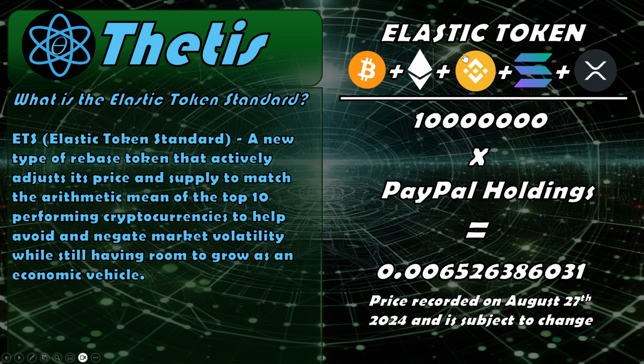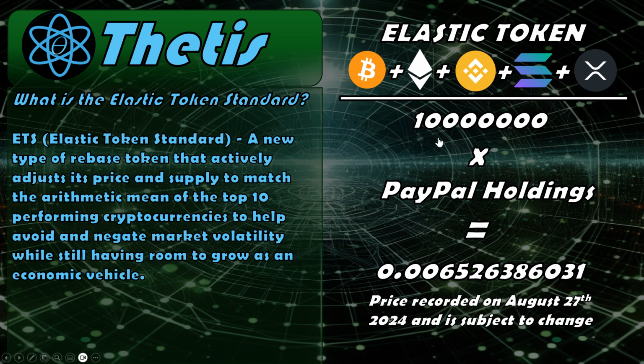Okay, so the elastic token here, basically what this is saying is that we're summing up the top 10 tokens on the market. We're dividing that by 10 million, and the reason why it's 10 million is because it's 10 tokens. So we add this up and divide by 10. But then this token on its initial offering would be worth like $63,000 or something like that.